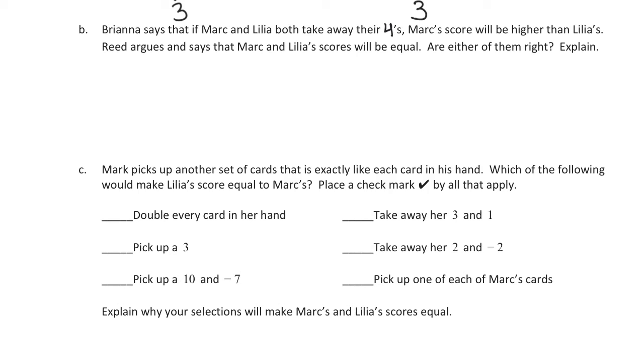If we took away their 4s, that means we are adding a -4 because they're being discarded. So we add -4 to both answers. 3 plus -4 is going to give us -1, and 3 plus -4 here is going to give me -1 as well.